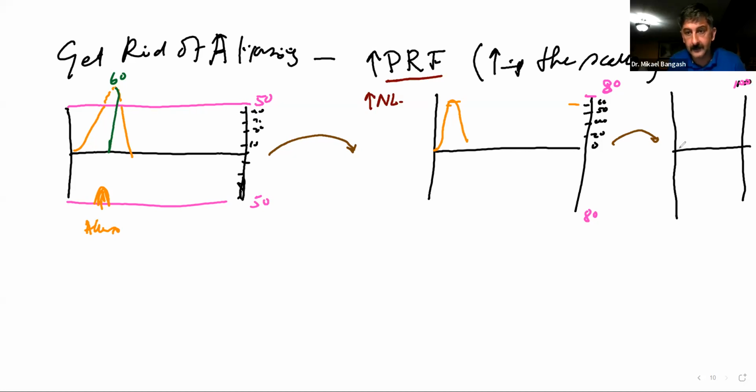What will happen is the graph just becomes smaller. What makes it smaller is that the more we increase the scale, the less sensitive it becomes to low velocities, because now on our scale 60 is going to be somewhere at this level here. Did that make sense?